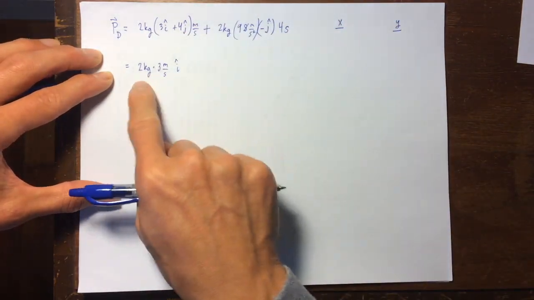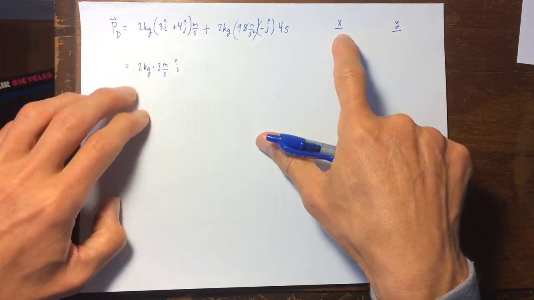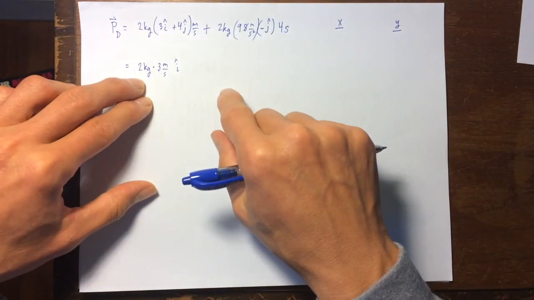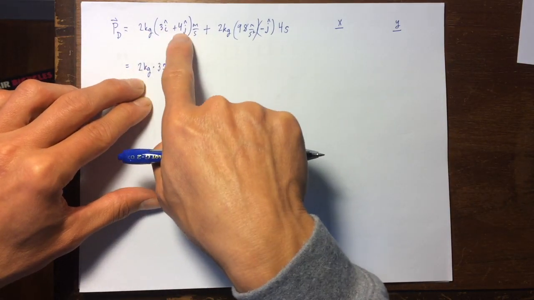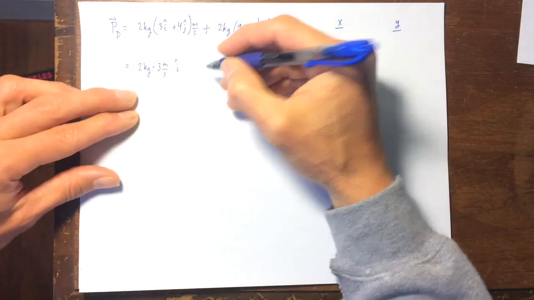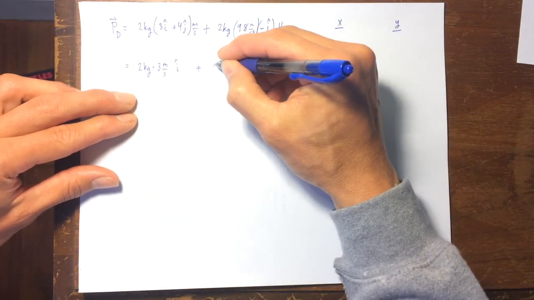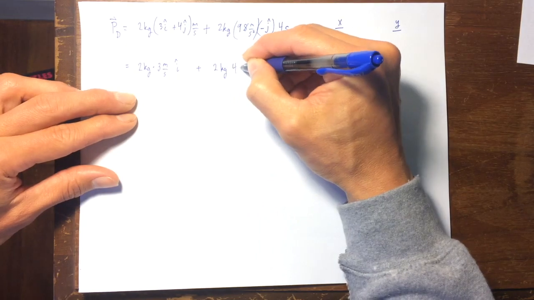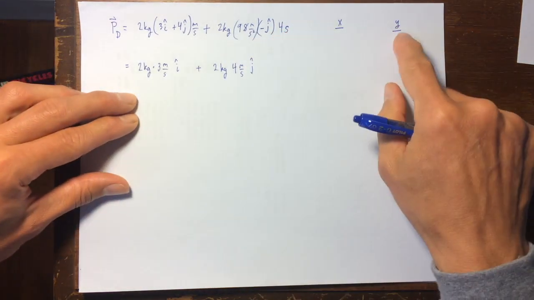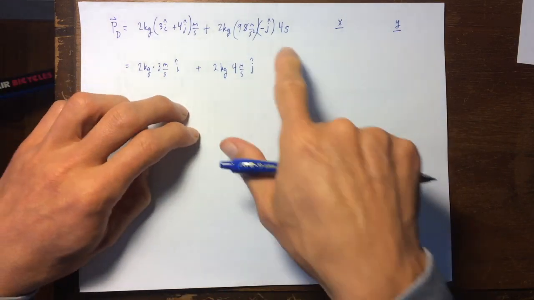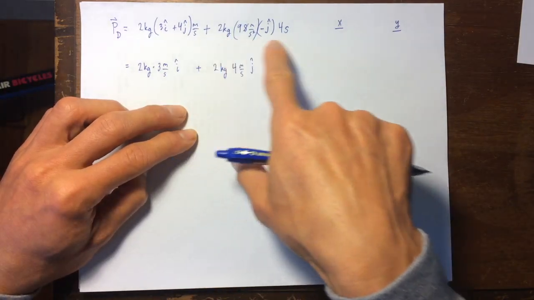That's the only thing that's in the X. In the Y direction, it's 2 kilograms times 4 meters per second, and this is in the J hat. That's one of the Y direction pieces. But the other Y direction piece is from over here.